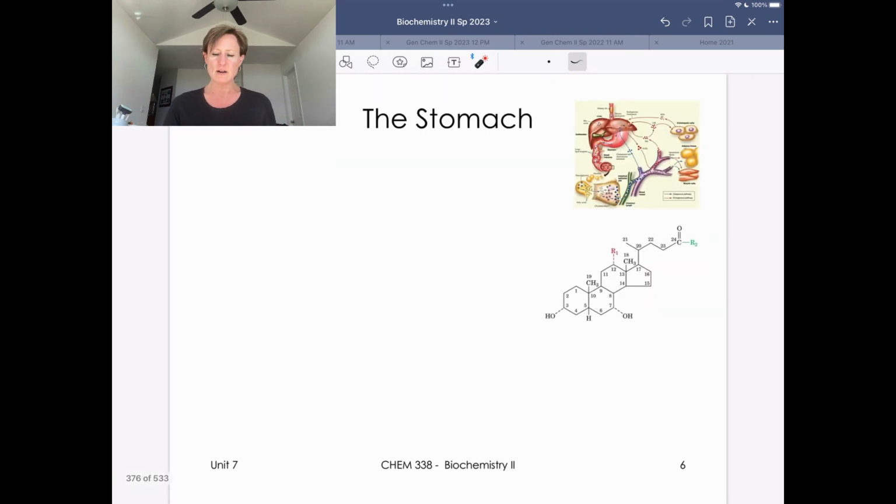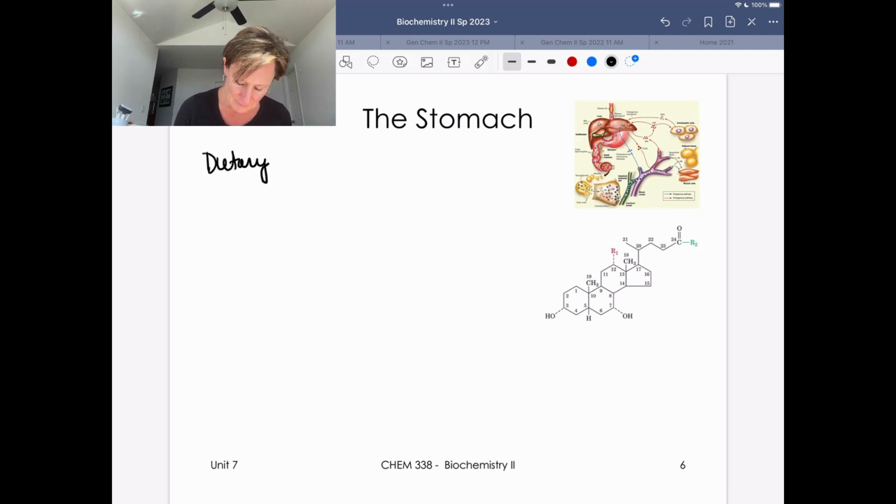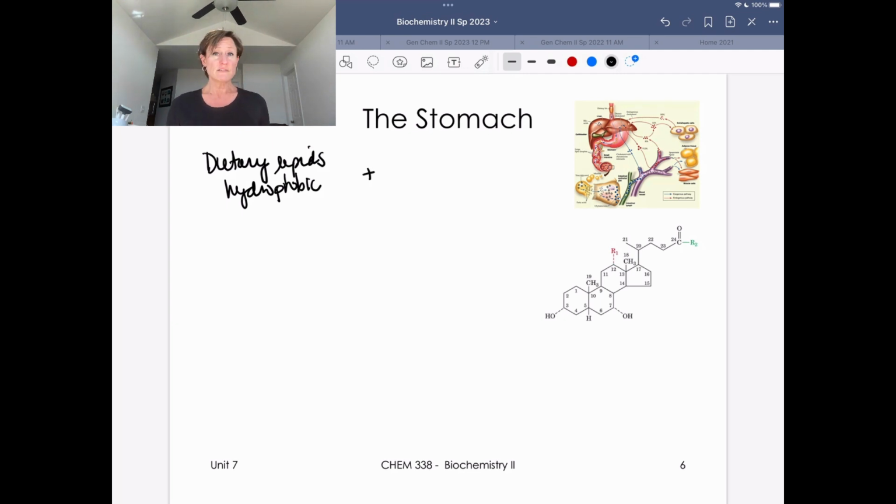So the first thing that we're going to talk about here is the stomach. Largely just conversational here, talking about some important pieces. Some of the keys here are that dietary lipids are quite hydrophobic. Okay? And the problem is your digestive environment, as is much of your body, is fairly hydrophilic.